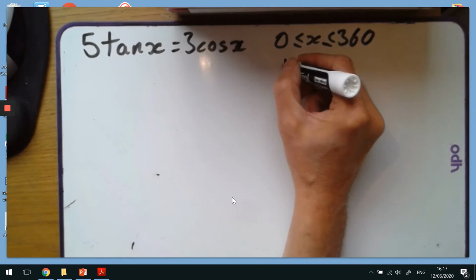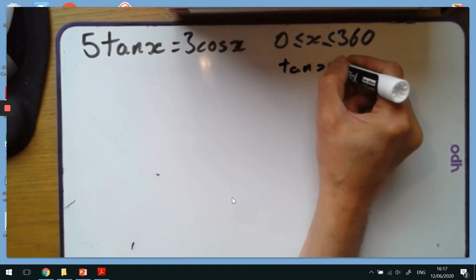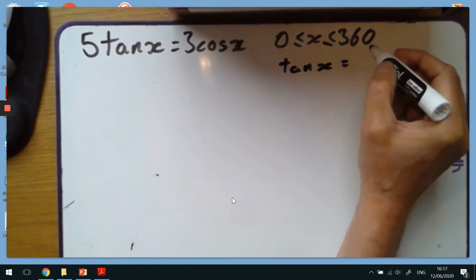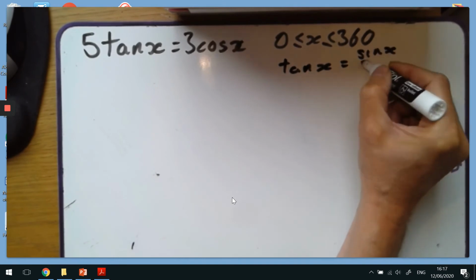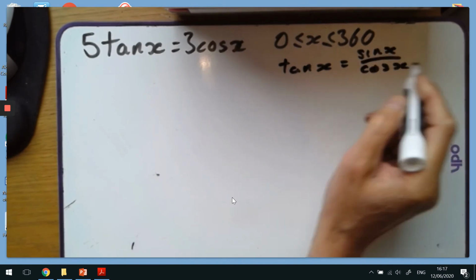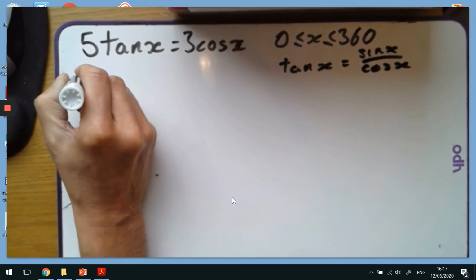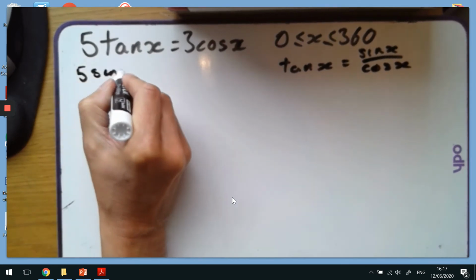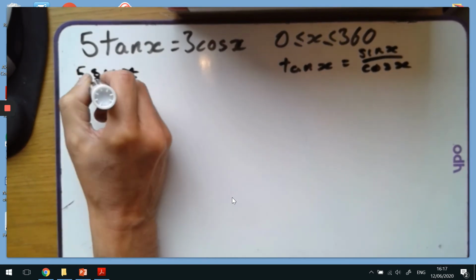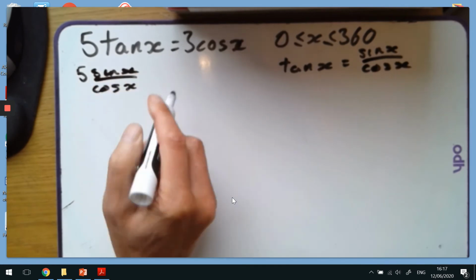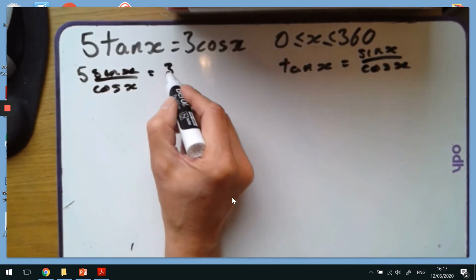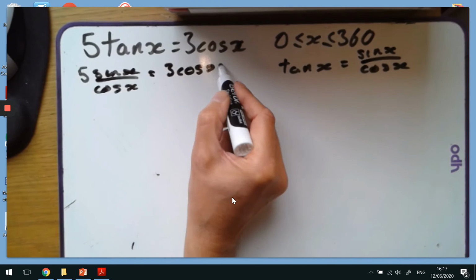So this time I'm going to use tan of x equals sine of x over cos of x to give me 5 sine of x over cos of x equals 3 cos x.